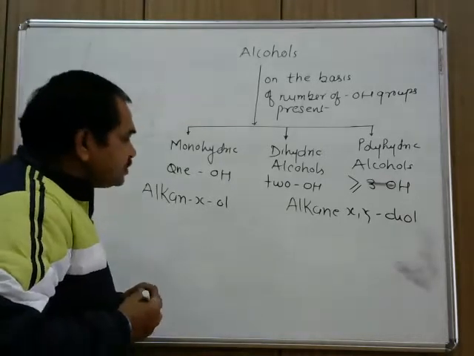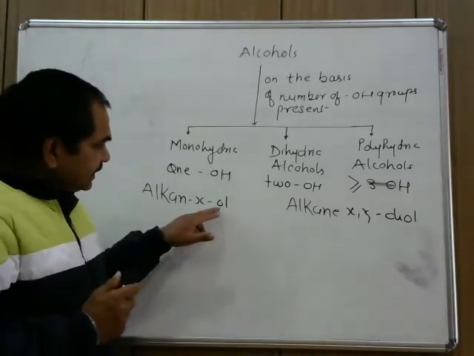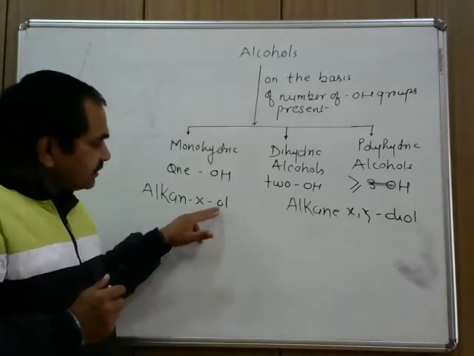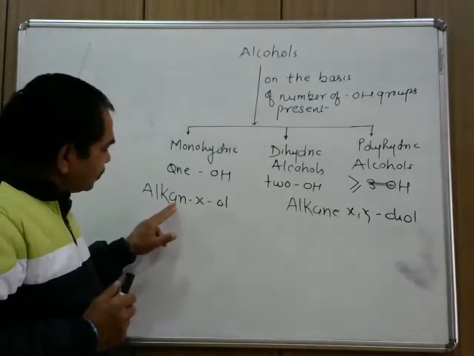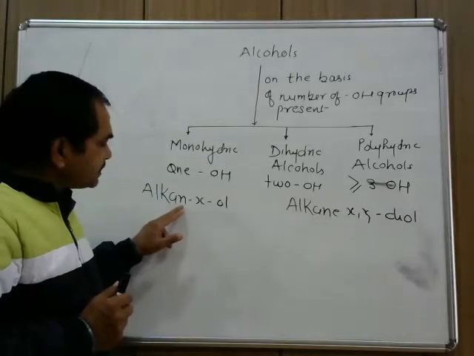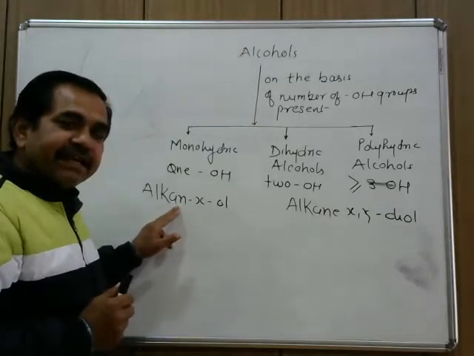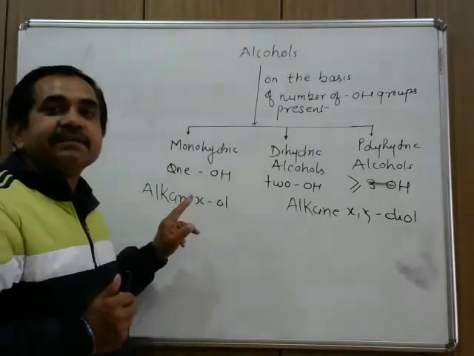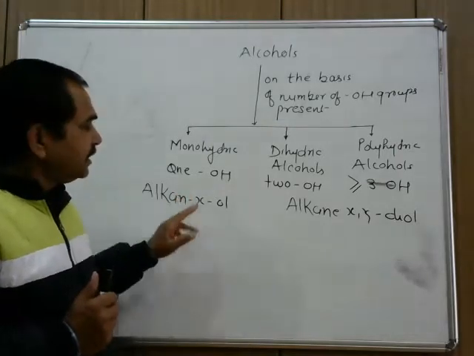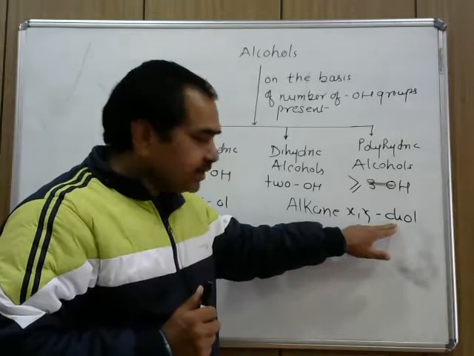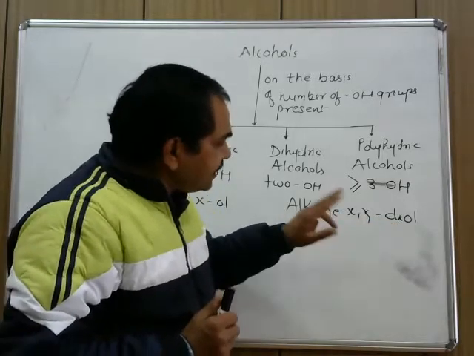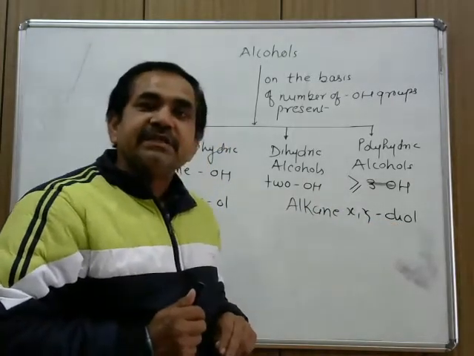So here one thing is to be kept in mind, that here suffix 2 starts with a vowel and so only the 'e' of suffix 1 is dropped, 'ane' is not written in full. But here, since it is a consonant, the 'ane' in suffix 1 is written.